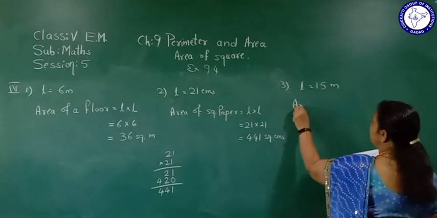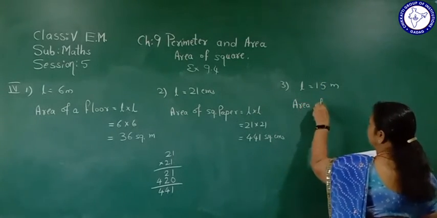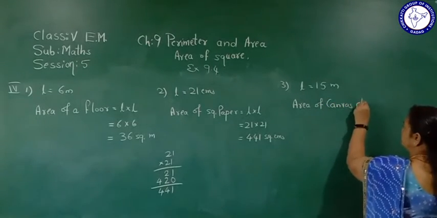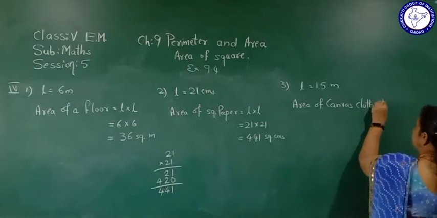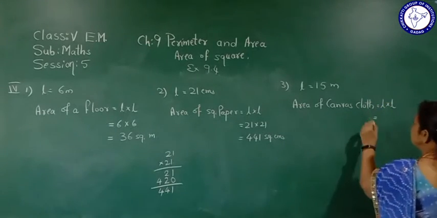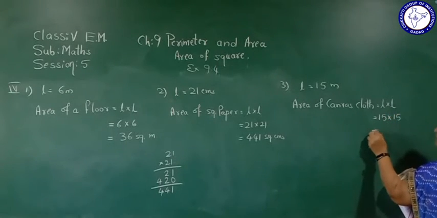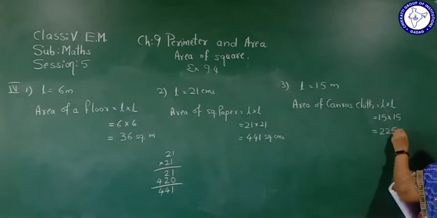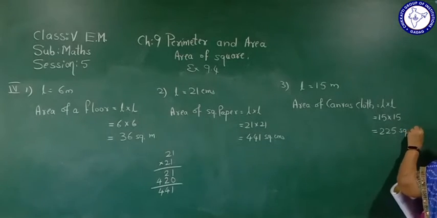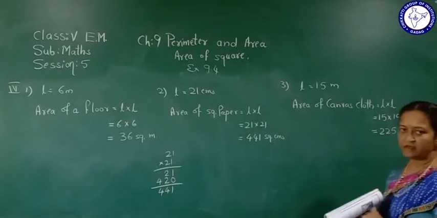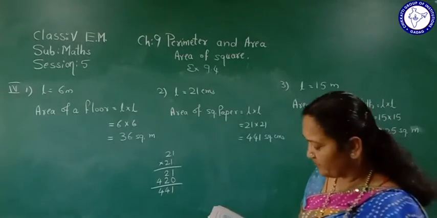So the area of the canvas cloth is length into length, which is equal to 15 into 15. Now 15 fifteens are 225 square meters. Here the unit is meter, so you should write in meter.